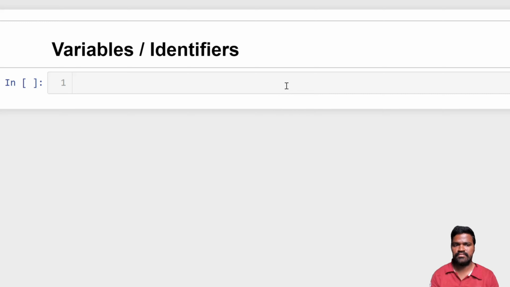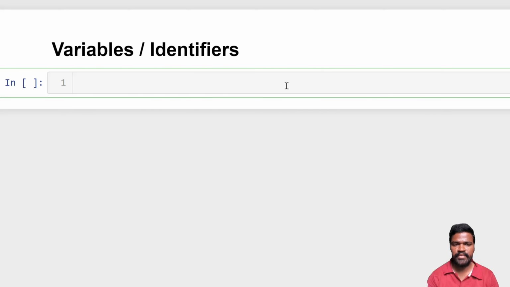If you have a background in some other programming language, you might have seen variables being defined with their data types. Let's say I'm declaring an integer and I want to store some kind of number. But in Python, you don't need to define any data type, because Python supports duck typing, which is also referred to as dynamic typing.